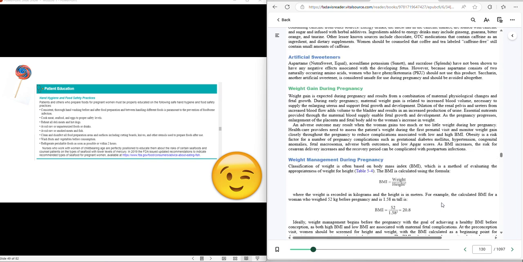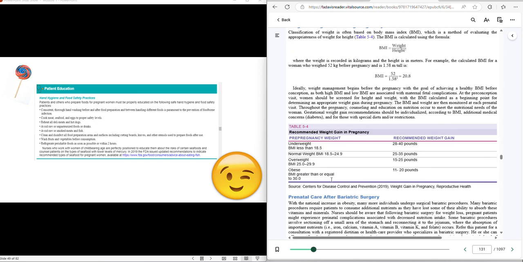Weight gain during pregnancy. So there's a chart in your book on page 131 that talks about underweight, normal weight, overweight, obese, and what their BMI is, how much recommended weight they should gain during the pregnancy. So if you have a patient that has a BMI over 30, then they only need to gain about 11 to 20 pounds during their pregnancy.